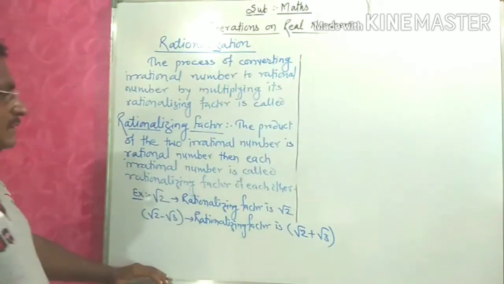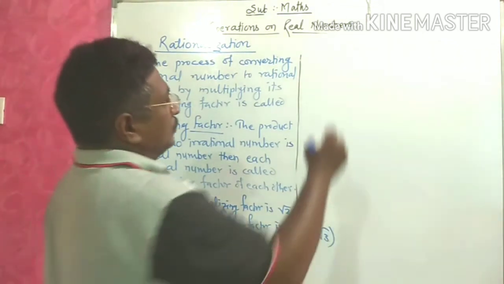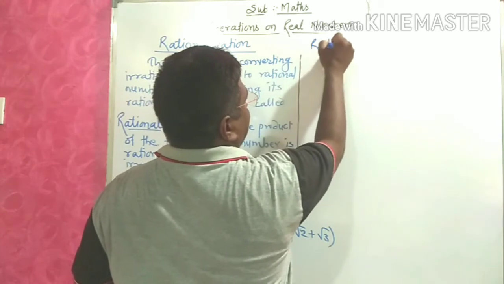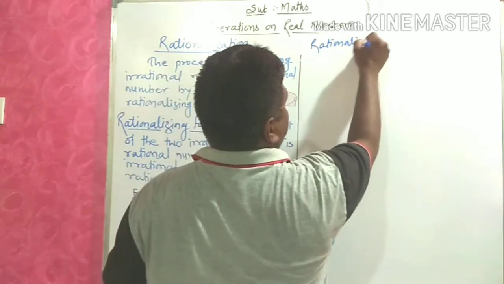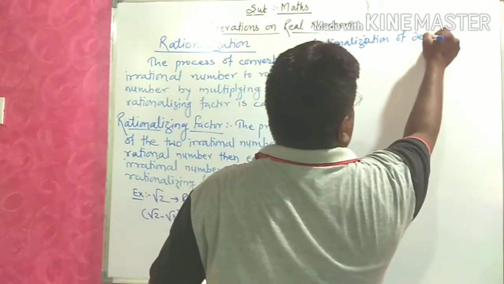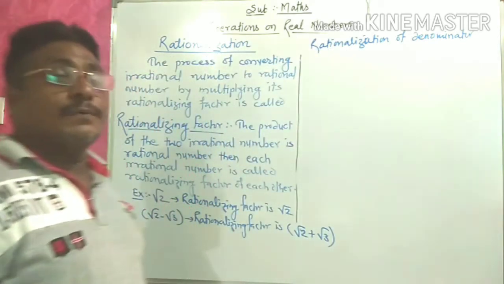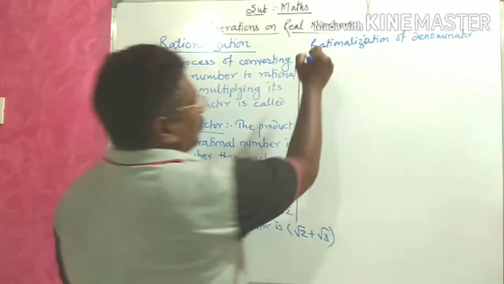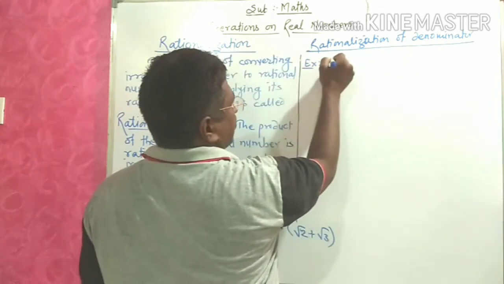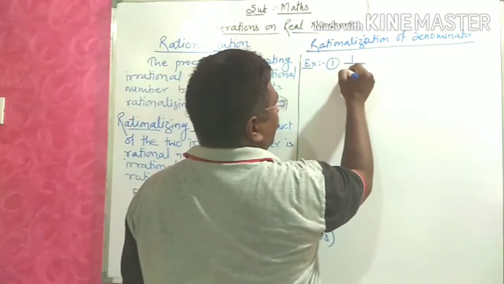So in that we will study some examples of how to rationalize. Rationalization of denominator. In that rationalization, number 1 by root 2.